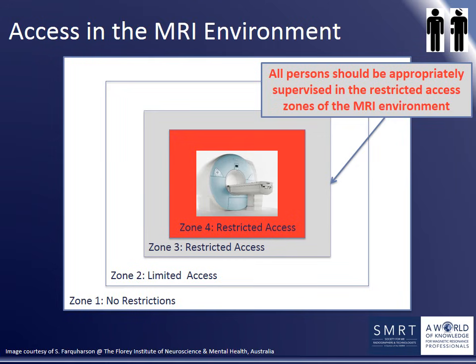In your department, it is important to know which areas have limited access and which are restricted access, because all persons entering zone 3, the control room, and zone 4, the MRI scanner room of the MRI suite, should be appropriately supervised. These restrictions are in place to stop an unscreened individual entering the scanner room and to prevent potential accidents.